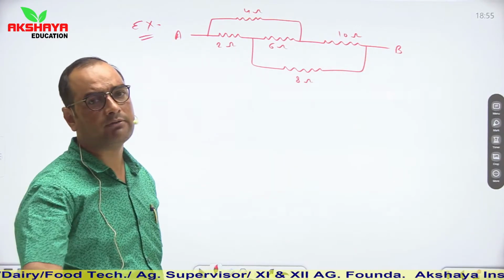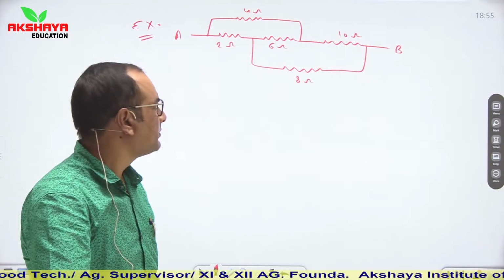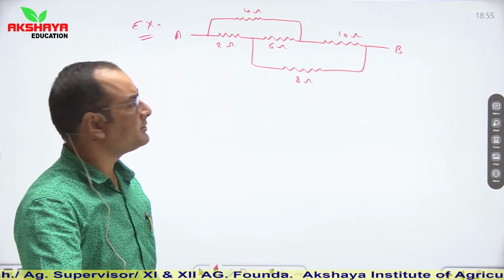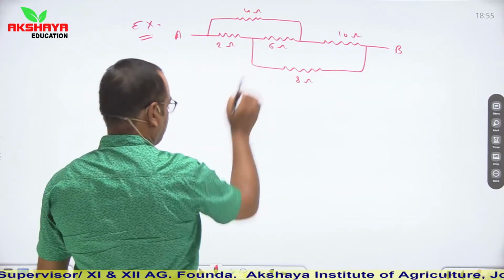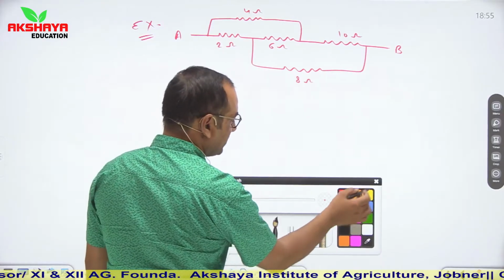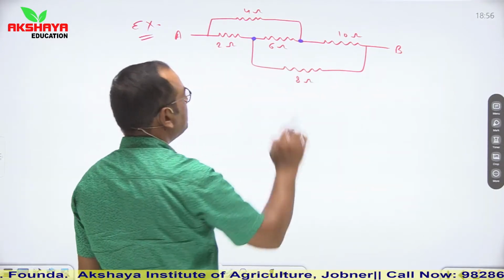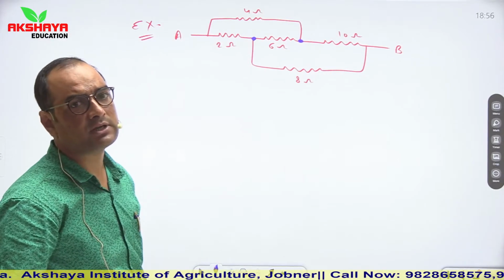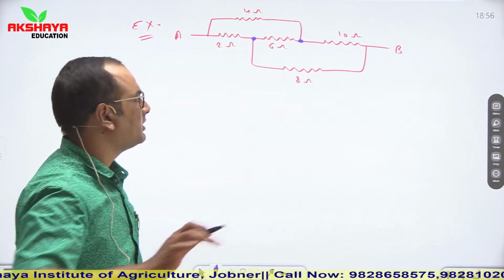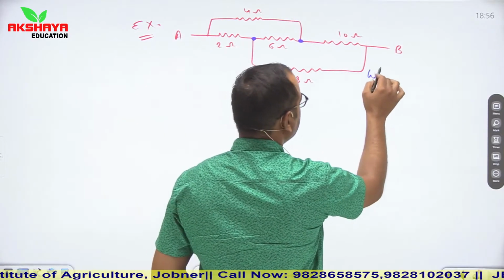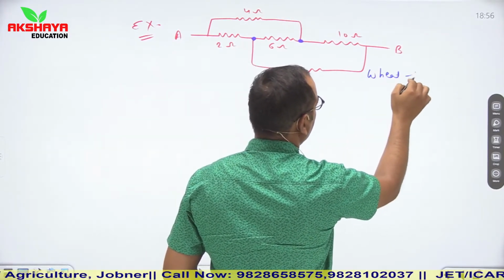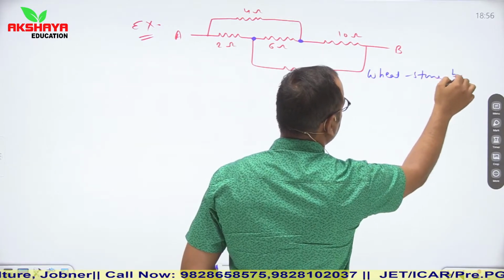And we have to find equivalent resistance between A and B. So in such relations, when one resistor is common between these two terminals, then such resistor combination is Wheatstone bridge. So this is the combination of Wheatstone bridge.